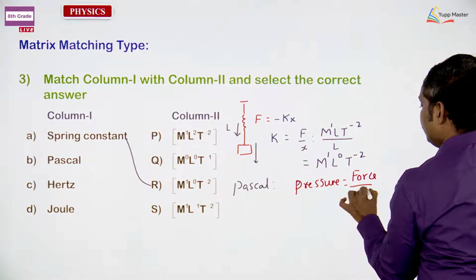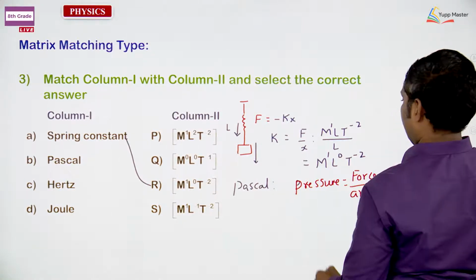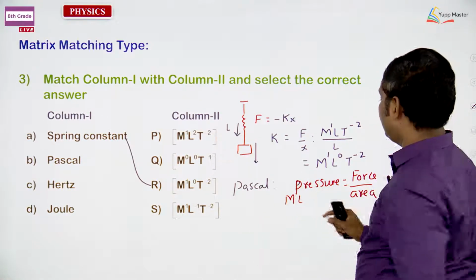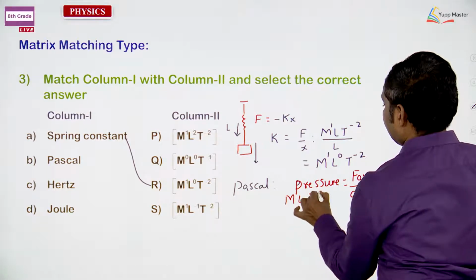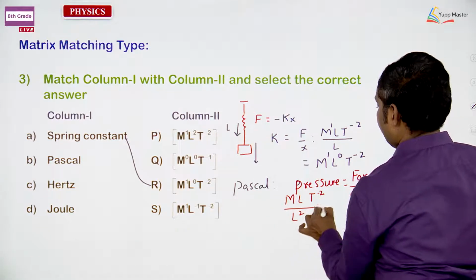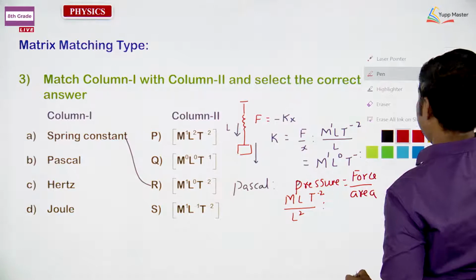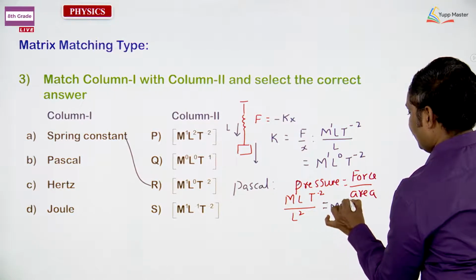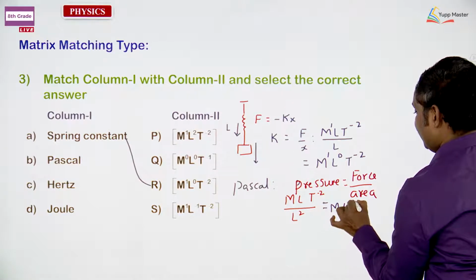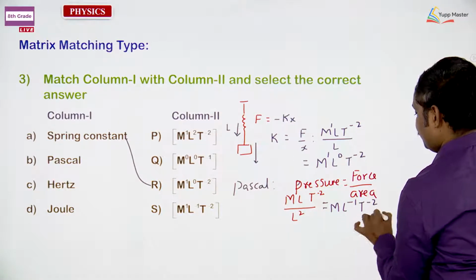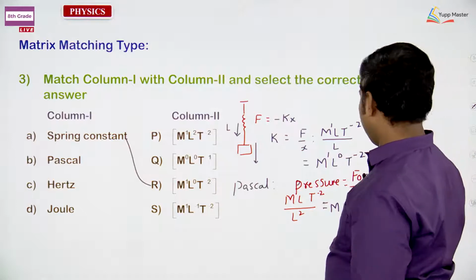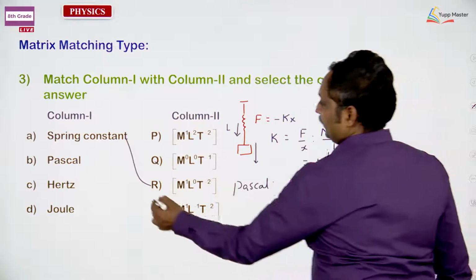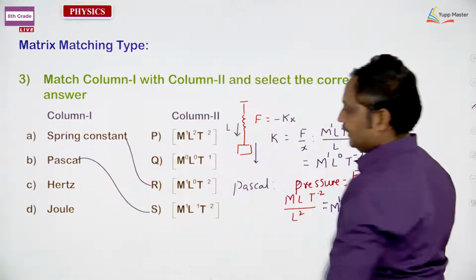Simply you can take M, it is a unit for pressure, and you will identify T minus 2 by L square. So you will get M L power minus 1 T power minus 2, M power 1 and L power minus 1 and T power minus 2. This is very clear.